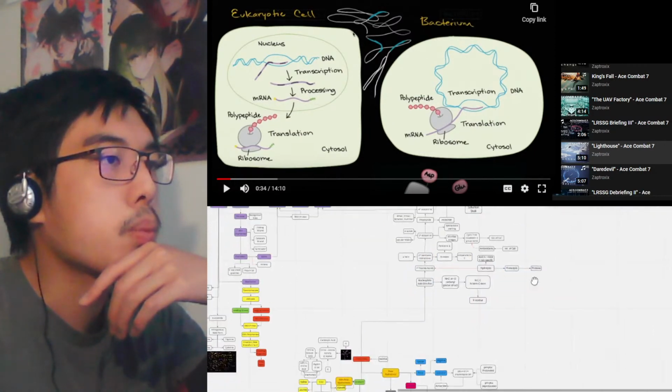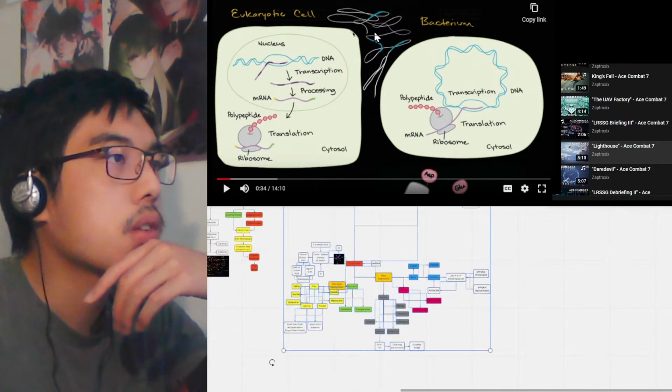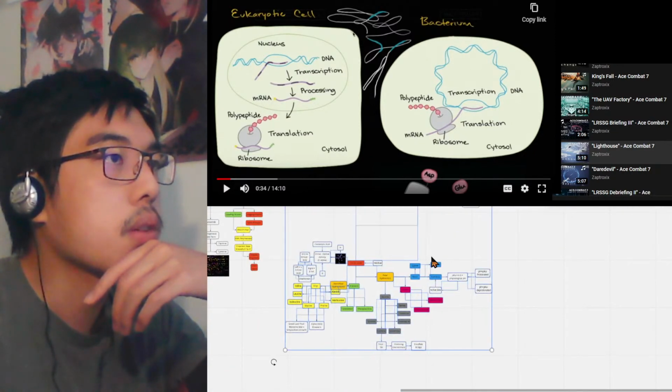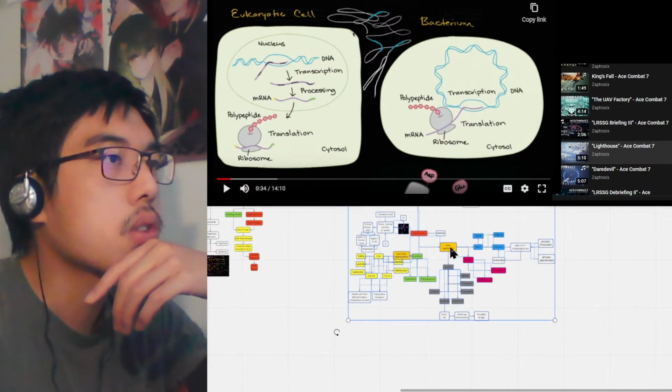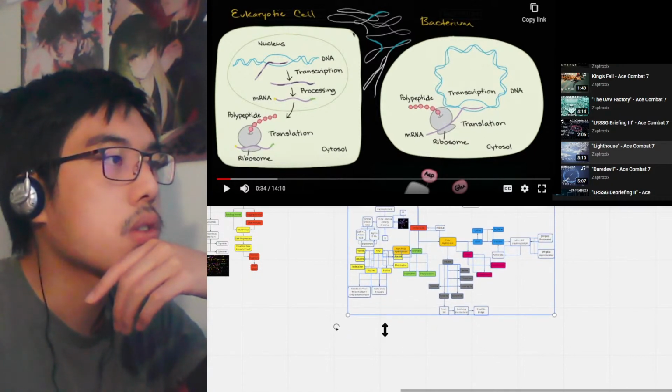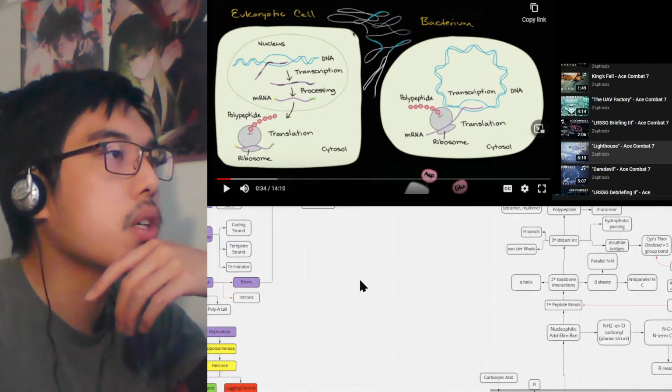And look at that, look at the precision. Amazing. Okay, now I can place this here. It remains attached. We have all this space.